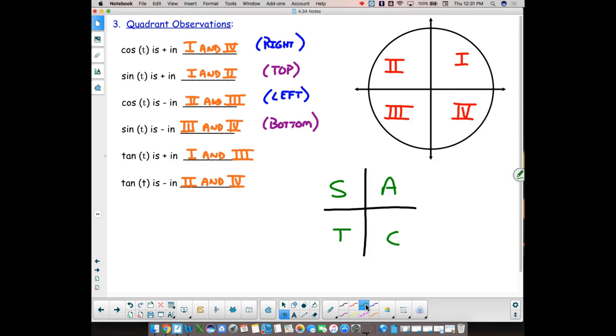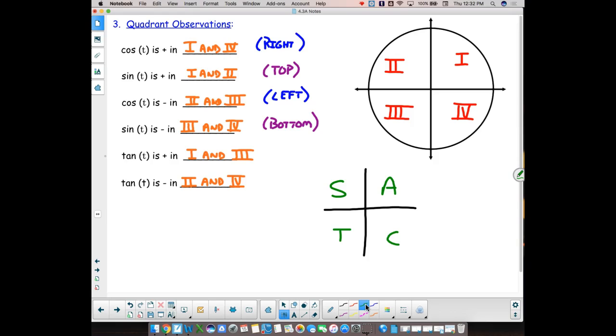What about secant, cosecant, and cotangent? The other 3 of the 6. They would be the same.